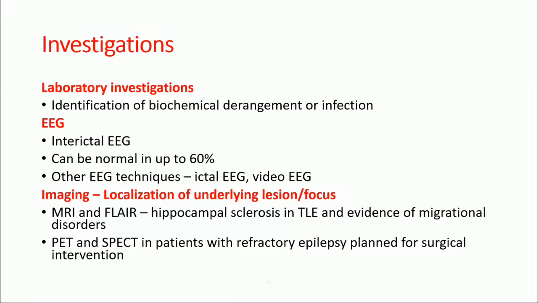So people who actually had a seizure might have a normal interictal EEG. Just because the EEG is normal when the patient doesn't have a seizure, that doesn't mean they have not had a seizure.